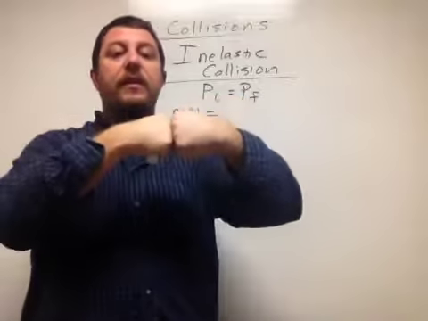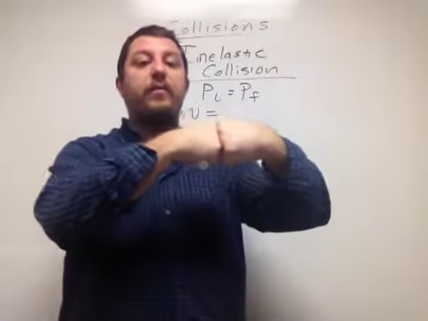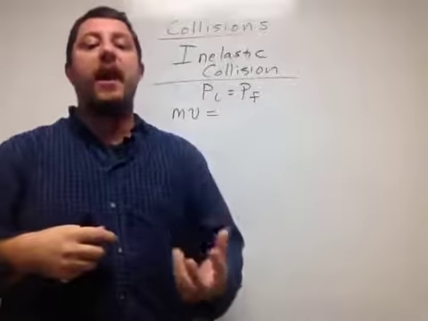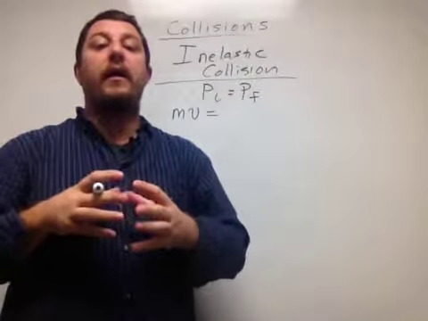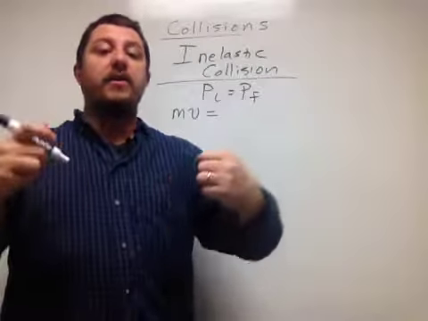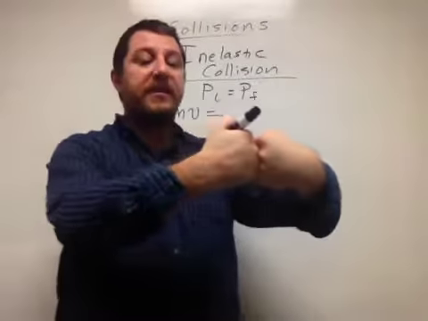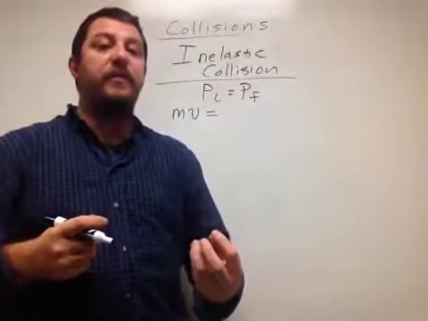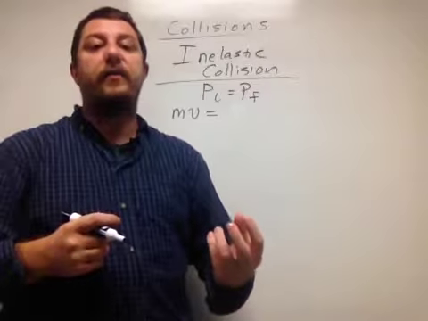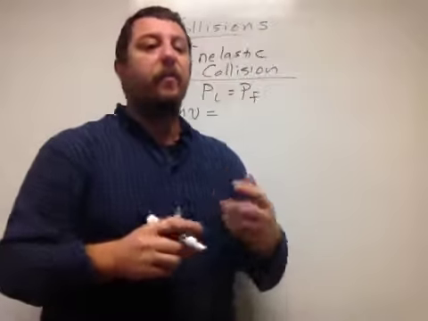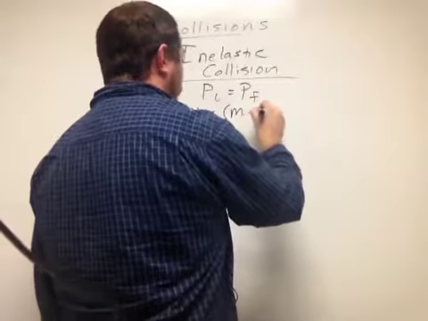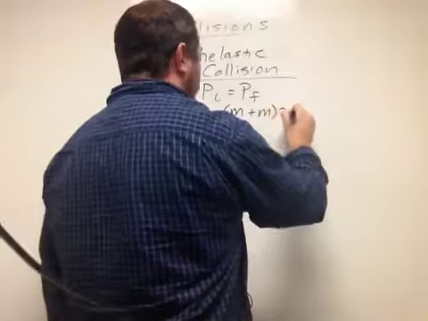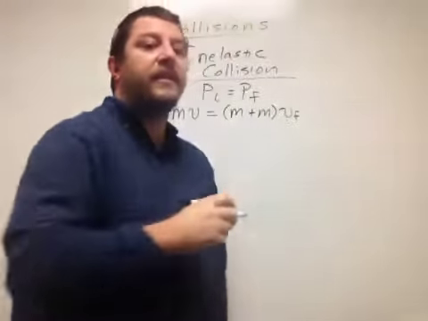Well, after the collision, they stick together and they move off with some common final velocity, and the masses are now added together. So the total final momentum of my system is the mass of cart 1 plus the mass of cart 2 times the final velocity that they're moving with.